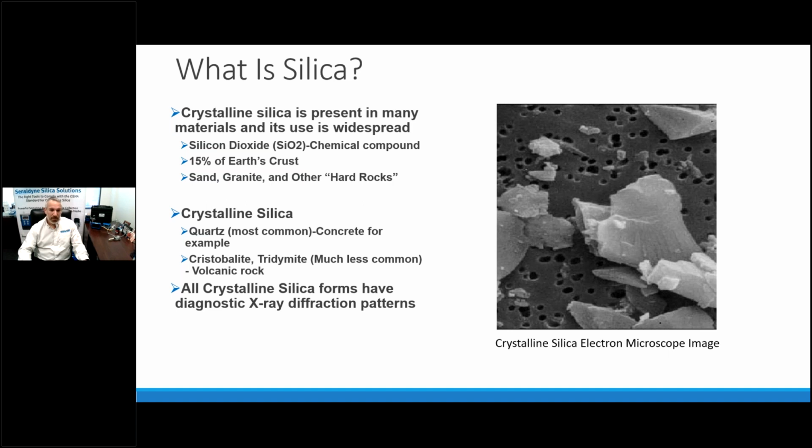Most people are familiar with quartz as the most common form, which is in your typical concrete mixtures. Less common forms such as cristobalite and tridymite are still present in several substances. All crystalline silica forms have diagnostic X-ray diffraction patterns, and this is what allows us to speciate one species of crystalline silica from others.